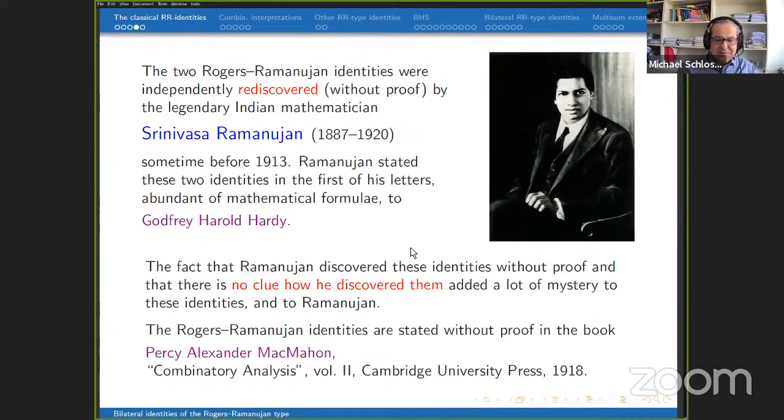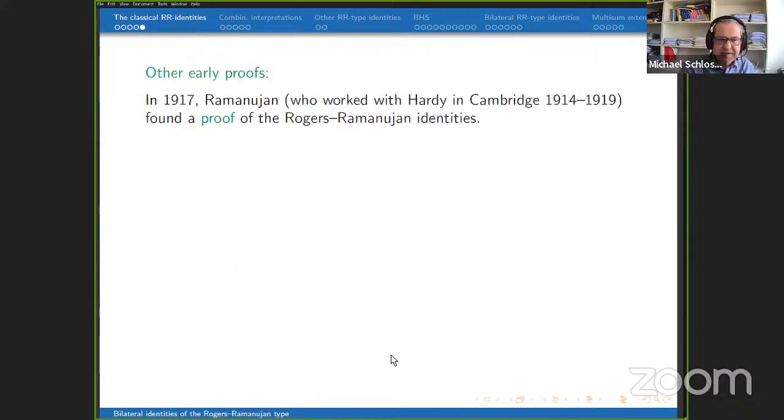Also, the combinatorialist Percy Alexander McMahon, who published treatises on partition theory in his volumes Combinatorial Analysis, Volume 1 and 2, either in the second edition of this book, or at least in the second volume of the book, published these identities without proof. Yeah, so 1917.